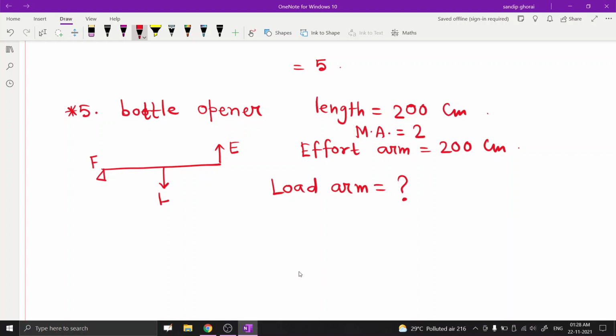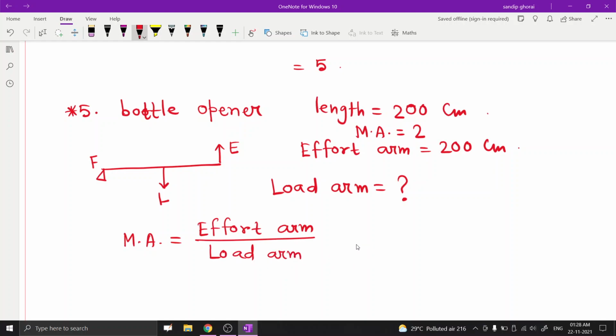As the bottle opener is a class 2 lever and its length is 200 centimeter, that means the length of the effort arm is 200 centimeter, and the given mechanical advantage is equal to 2. So mechanical advantage is equal to effort arm divided by load arm.